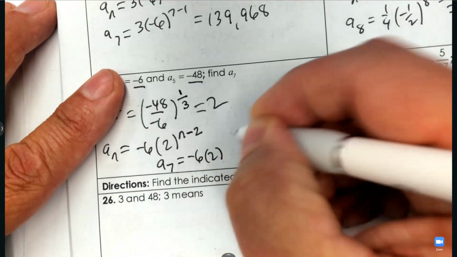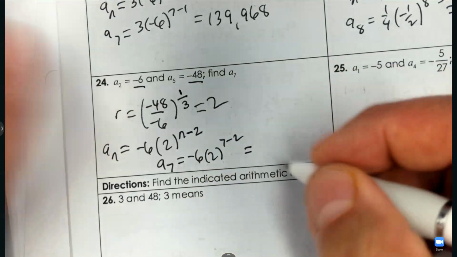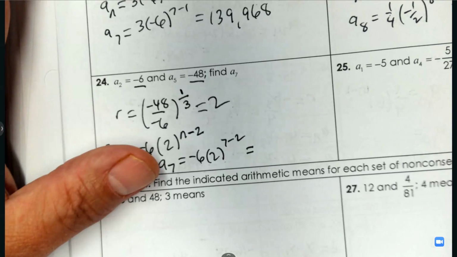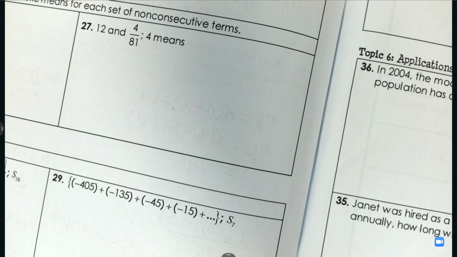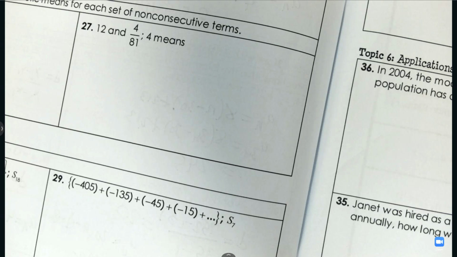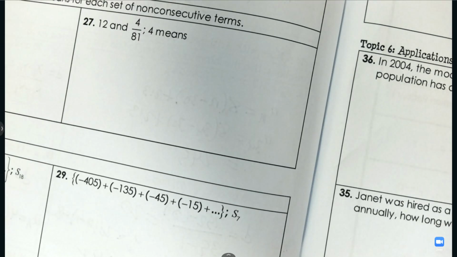So it's -6, 2, and then 7 take away 2, and then solve it. Typing it in. You should get -192. Make sure.